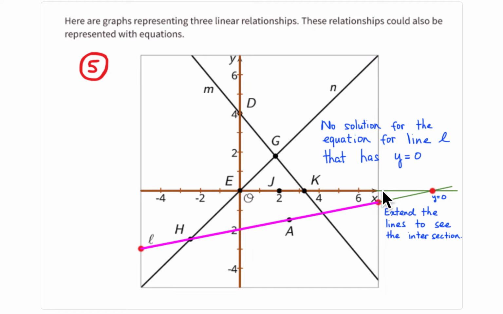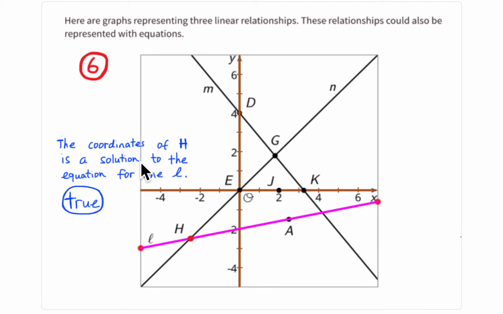So extend the x-axis out farther and extend line L out farther until they do intersect. And at that point, it looks like it's about (8, 0). So you go, this is 6, 7's about right there, 8's about right there. So 8 and the y coordinate is 0, so it's (8, 0). And that would be a solution to the equation for line L.